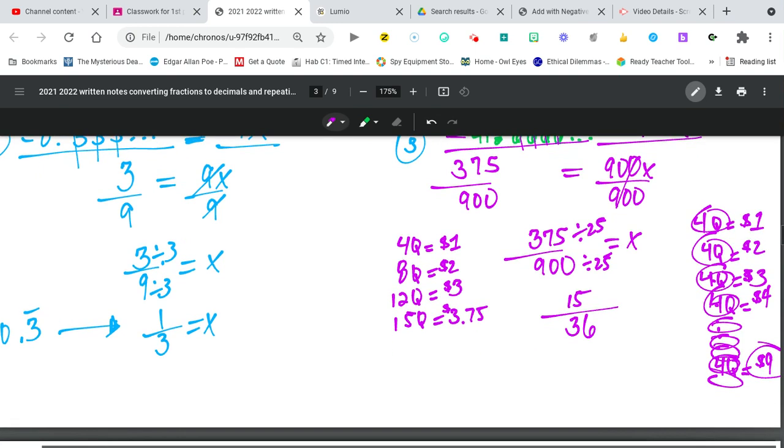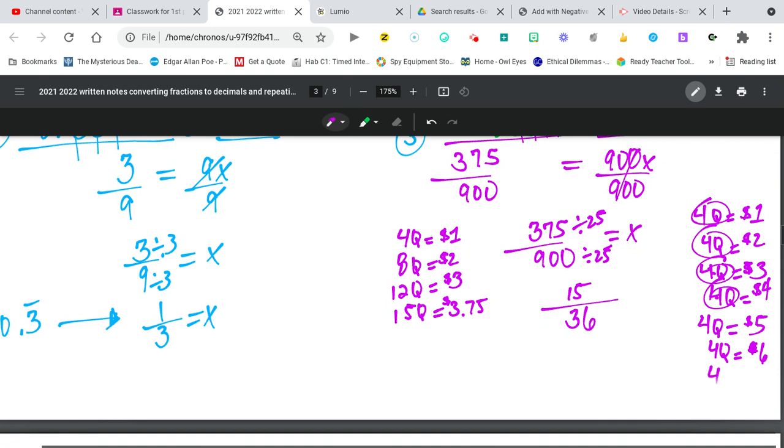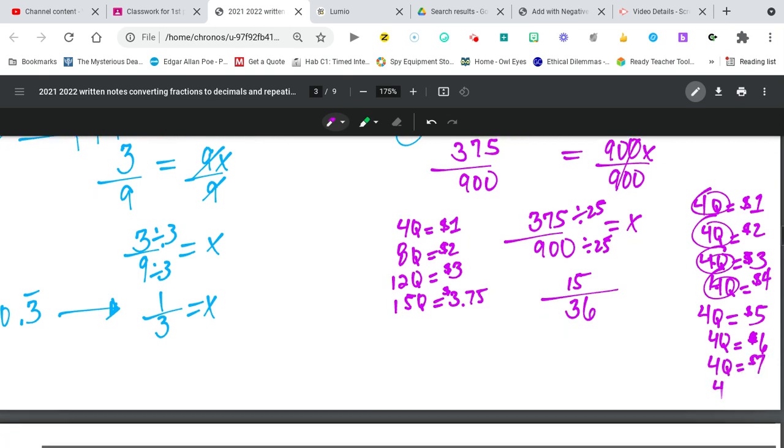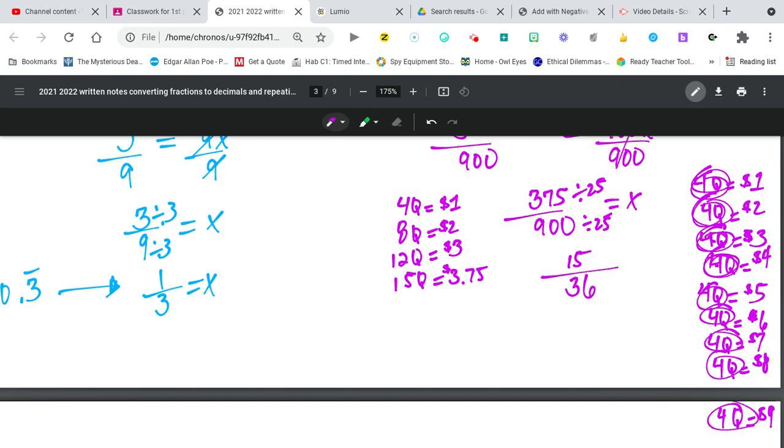And for some people, I probably should have kept writing it out, because some of y'all are not going to understand unless I write it all the way out. Another 4 quarters make 5. Another 4 quarters make 6. Another 4 quarters make 7. Another 4 quarters make 8. And another 4 quarters make 9. That's 9 groups of 4, which is 36.